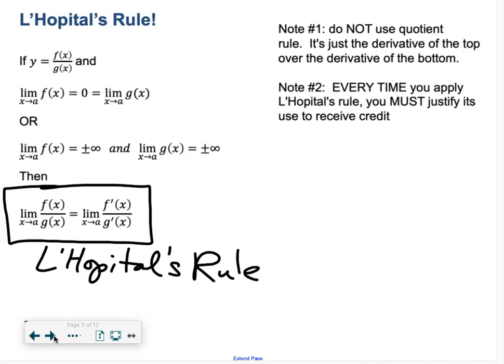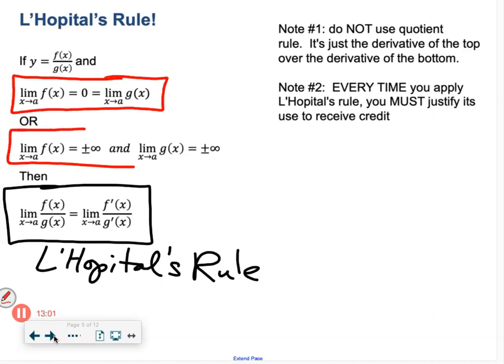So, what is the justification? You have to write this or this every single time you write a L'Hopital. So you either have to show that the limits of the top and bottom are both 0, or the limits of the top and bottom are both infinity. Every single time you do a L'Hopital.